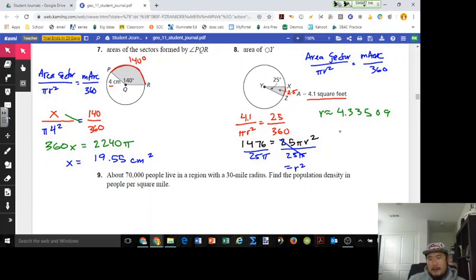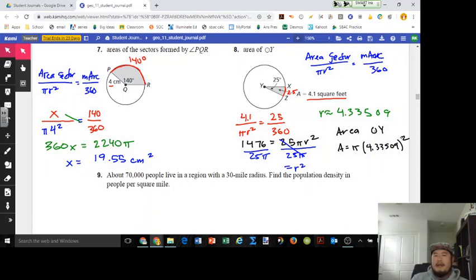One last step now, find the area of circle Y, and we have area is equal to pi, and then we have our radius, 4.33509, pi r squared. Or if you have that number in your calculator, you can quite simply use the second and the answer key, where it'll take that previous number.